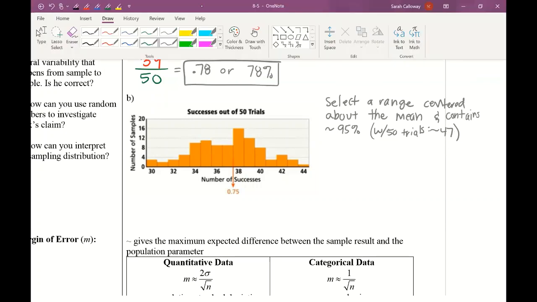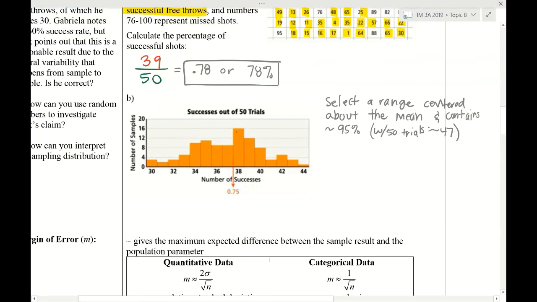If I look at this, there were 16 that were 38 successful, there were 9 that were 37, and then if I go out a little bit more, there's 9 more. Then there were 12, then 8 here. This one has 11, this one has 10.